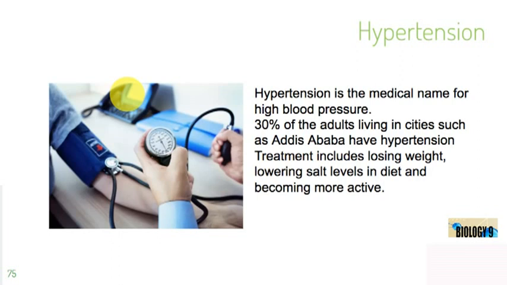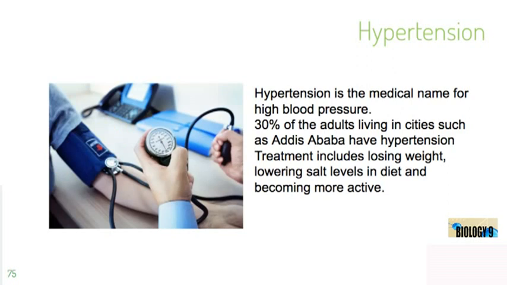One of those is not exercising much, or eating lots of salt, drinking lots of alcohol, not moving around much, and so forth. So the treatment is basically doing the opposite of all that stuff: losing weight, lowering your salt levels, and becoming more active.